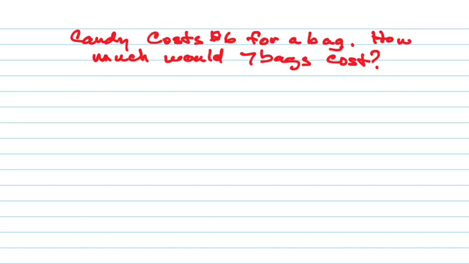Candy costs $6 for a bag. How much would 7 bags cost? So, first of all, we need to get our unit rate. And we're going to get that right there. So write down a unit rate for me. What's it going to be? Exactly. Okay, everybody got it?